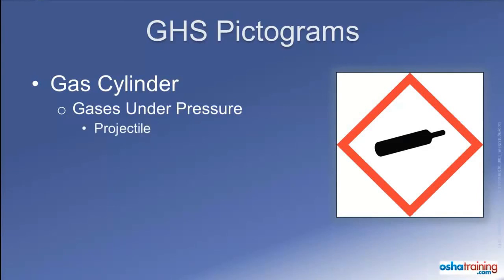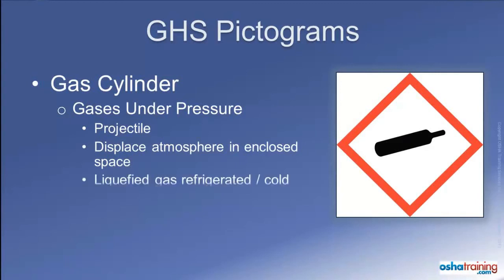Also, when a compressed gas leaks into an enclosed space, such as through a leaking hose or cracked valve, the gas can fill up the space and cause an oxygen-deficient atmosphere. And some gases are liquefied so they can be placed inside a cylinder. Some of these gases rapidly expand and cool when released from the cylinder and can even cause frostbite injuries if the gas makes contact with any part of your body.